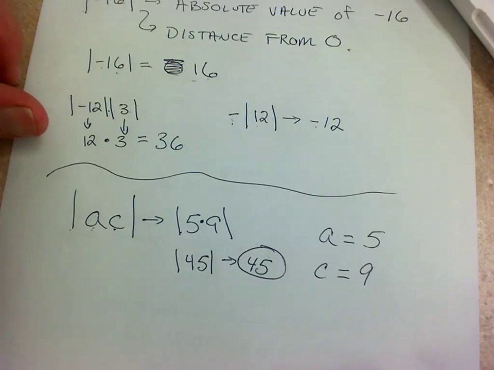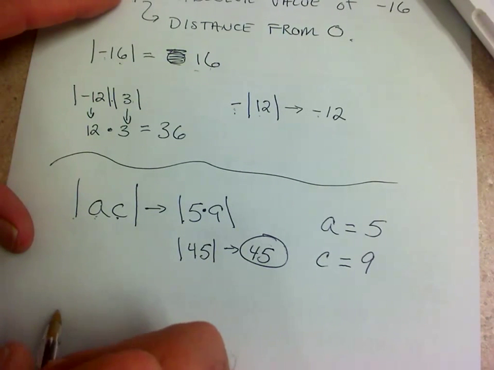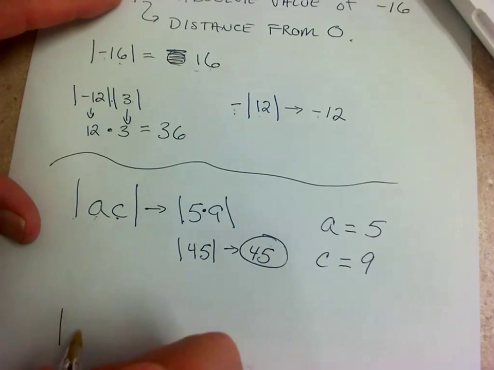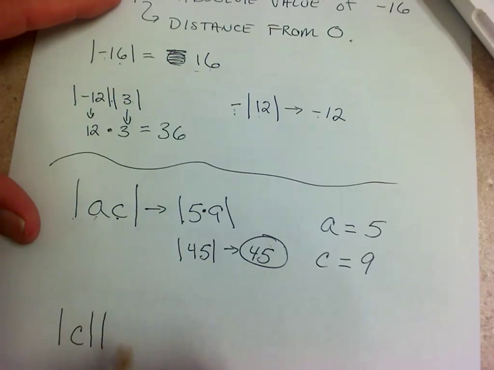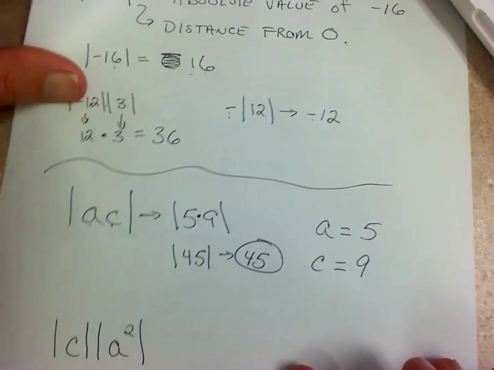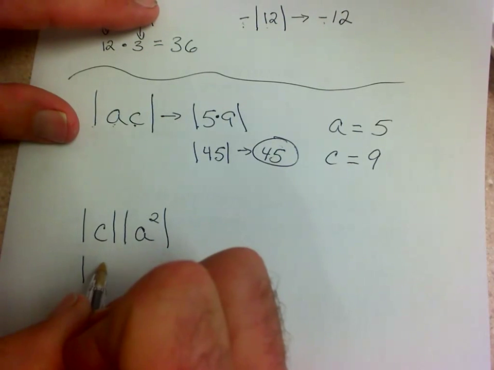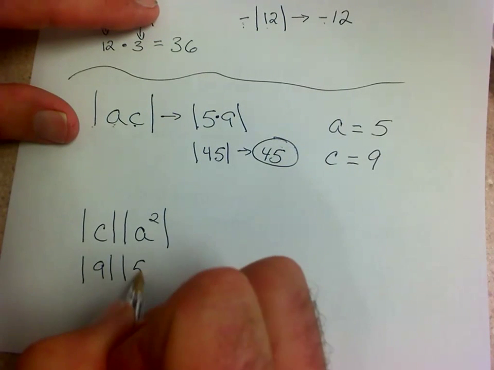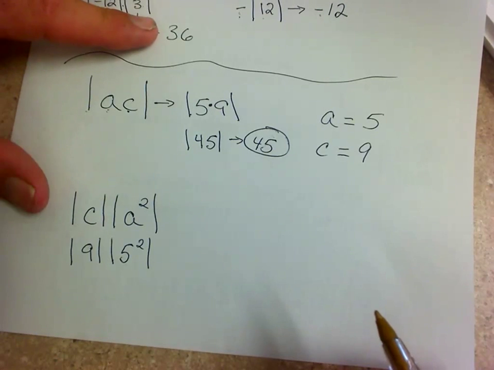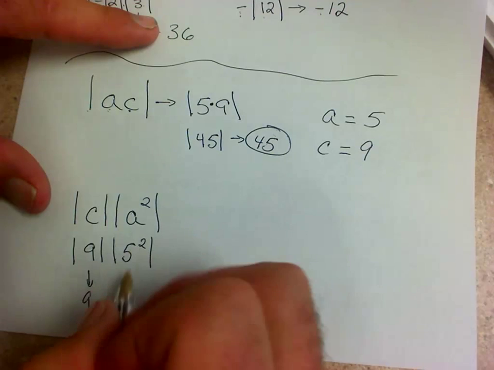We could even tie our exponents in here a little bit if we would like. We could do the absolute value of C and then the absolute value of A squared. Substitute, so we have the absolute value of 9 and the absolute value of 5 squared. The absolute value of 9 is 9.